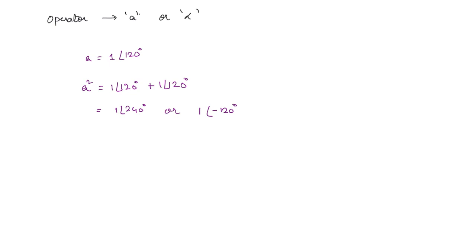Now you can represent the three phases in terms of A and A squared. Let us take the voltages VA, VB and VC. If we take VA as some magnitude V, angle 0 degrees, then VB will be V angle minus 120 degrees.